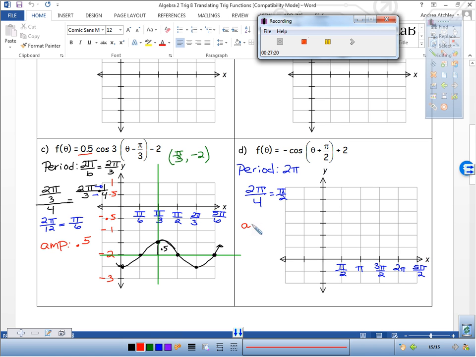Then our amplitude. Class, what's the amplitude? Okay, it's 1, but it reflects, right? So when it starts at negative amplitude.